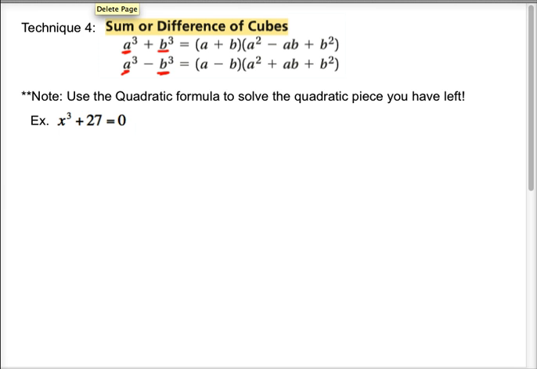So remember difference of squares? Well, that only worked when it was a difference. This works both ways, okay? You can be adding or subtracting them. Now this time, instead of looking for the perfect squares, this time you're going to be looking for the perfect cubes. So you're going to be looking for numbers like 1, 8, 27, 64. Numbers like that are the clue now.